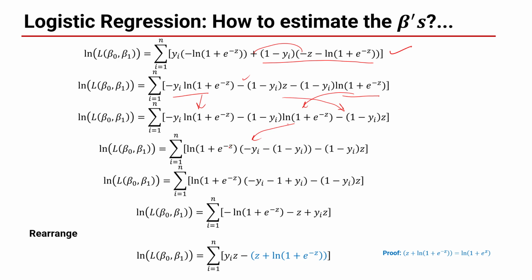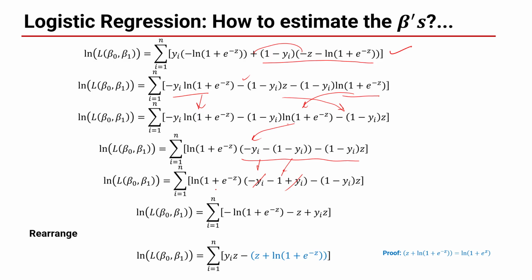We have taken this value as common, and then we have minus yi minus 1 minus yi, and this term is as it is. Okay, so now we are simplifying this term, minus yi minus 1 plus yi minus this one. Okay, and after the simplification, we can see that this is going to be cancelled out.